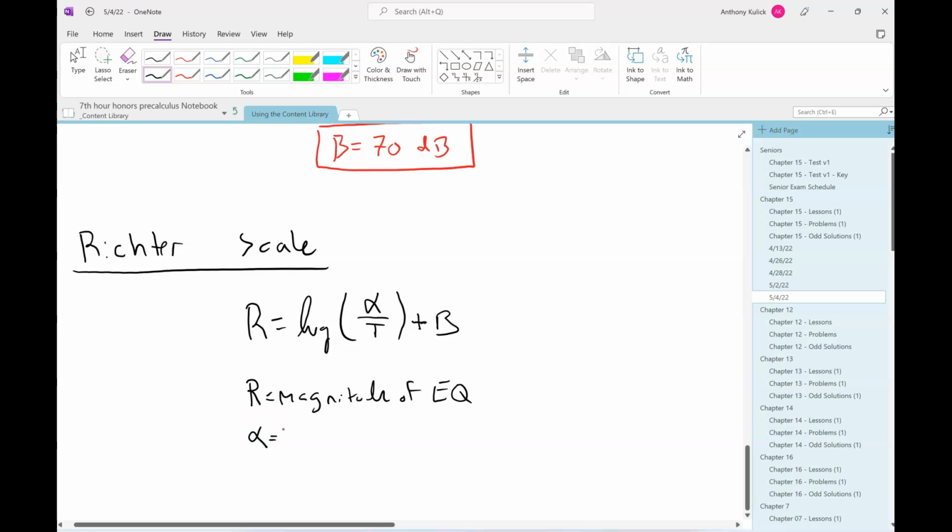The alpha is representing the maximum shift in the ground level. When an earthquake happens, the ground is going to move up and down, right? Everybody cool with that conceptually? So the distance from normal level up or down, the greatest distance that the ground displaces, is that alpha.